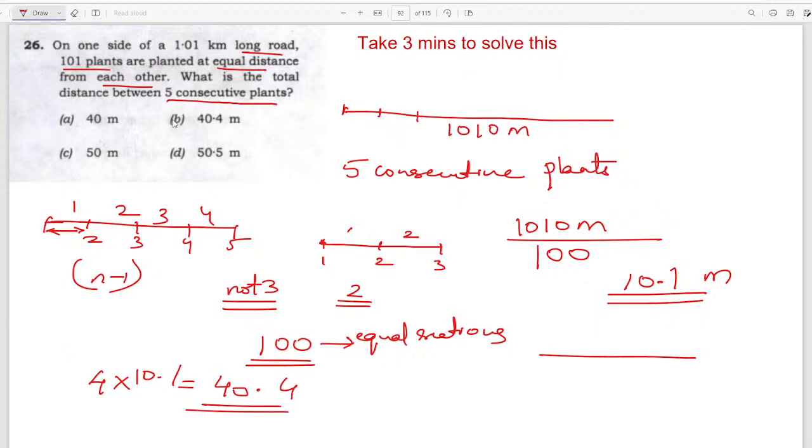Yeah, the correct answer is option B. Is it clear? It's clear. We'll move to the next question.